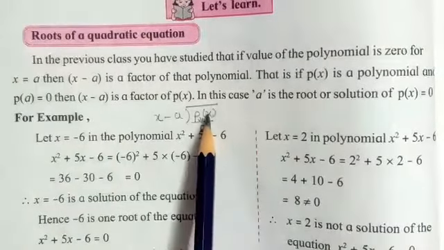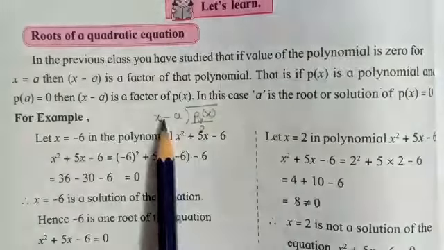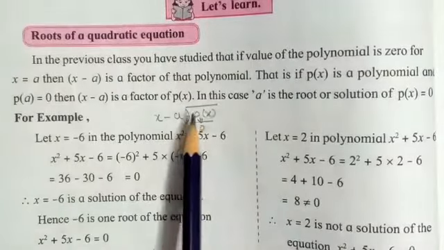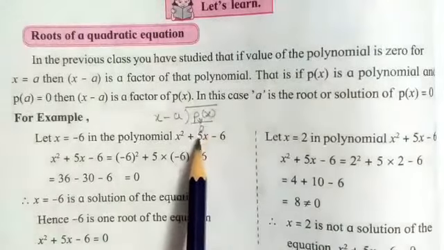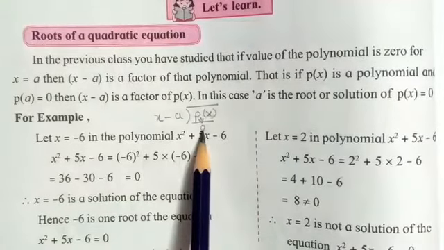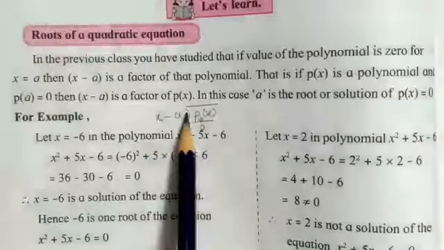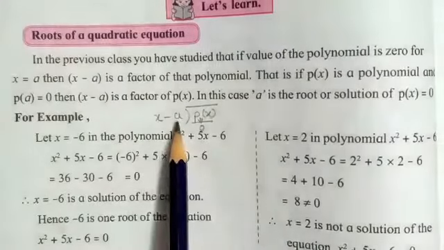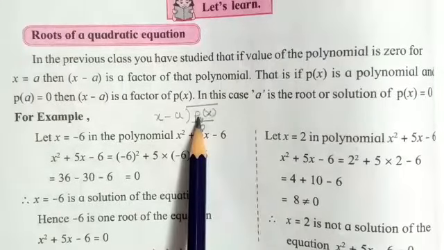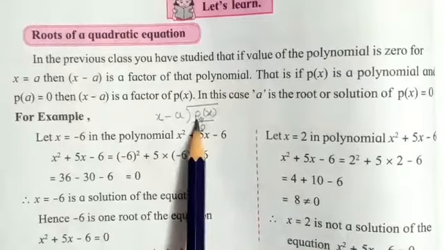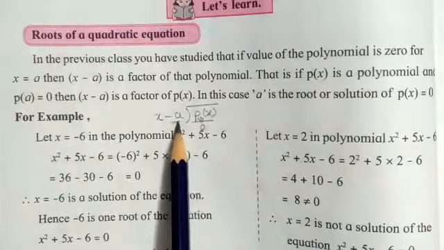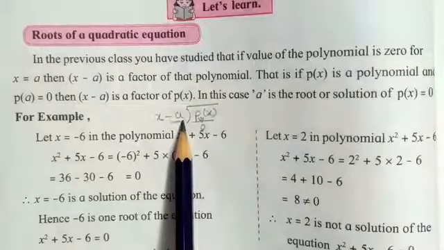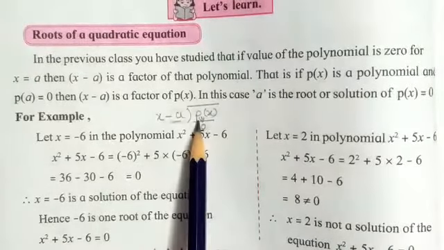Again, if the polynomial is divided by x minus a, and after dividing the answer is 0, then this one is called a factor of this polynomial. So when it is a factor of the polynomial, this a is the solution of that quadratic equation.